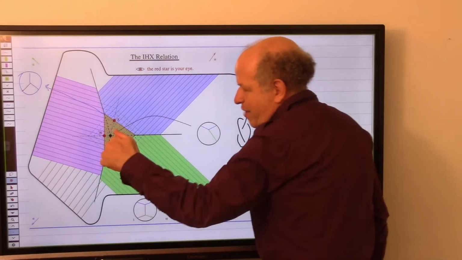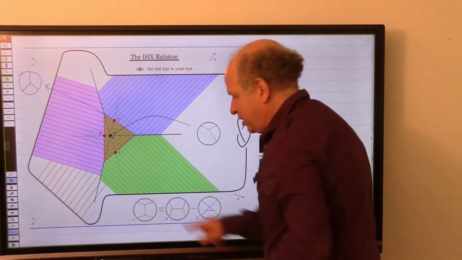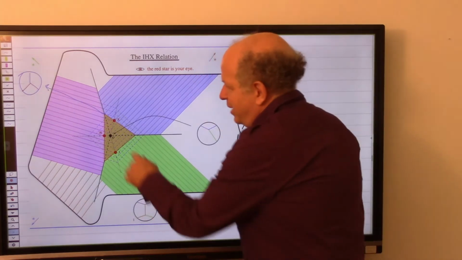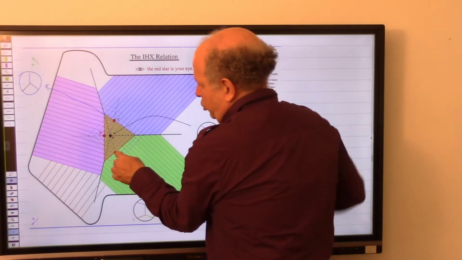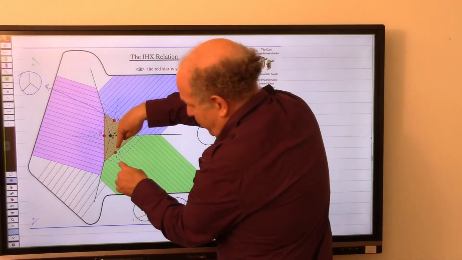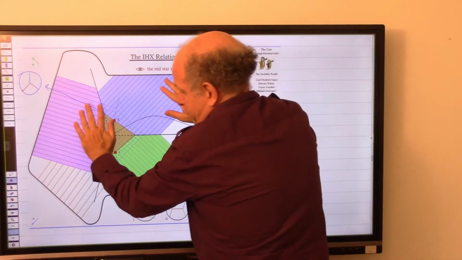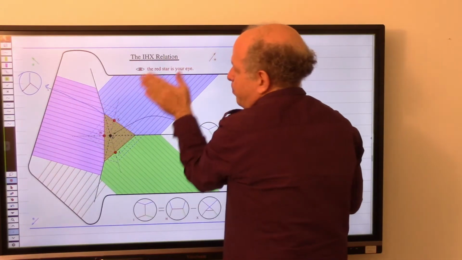And then you have a vertical red chopstick, pointing to a point which is in the intersection of the purple plane and the blue plane.